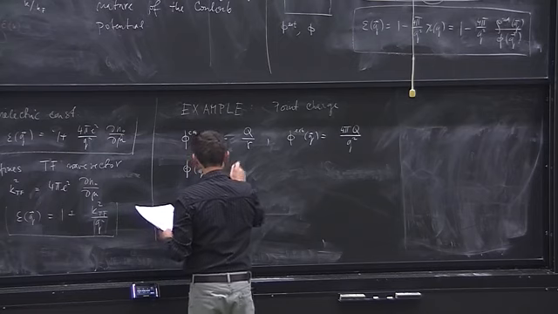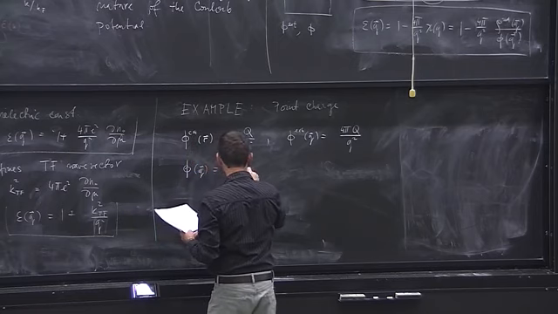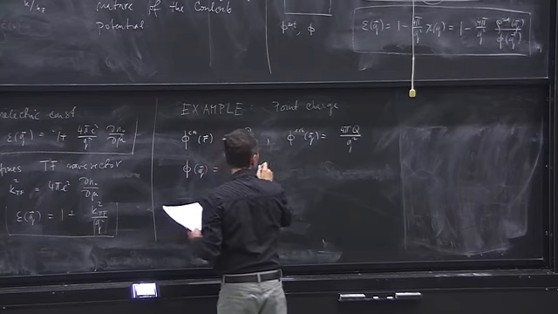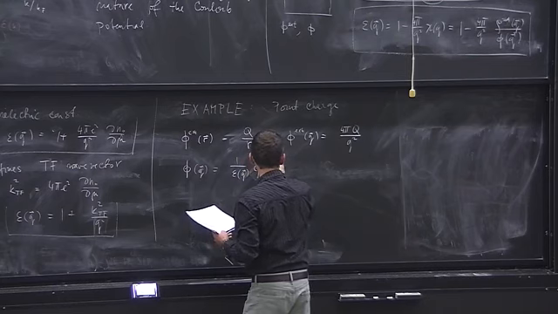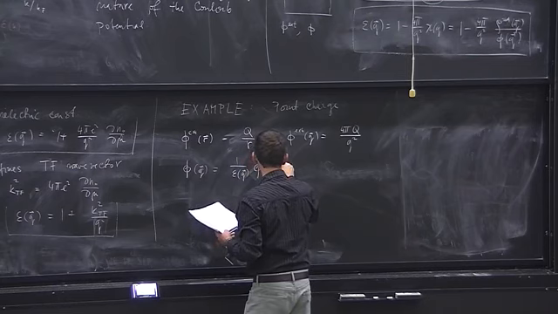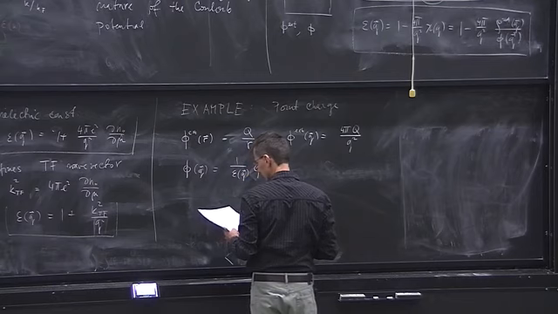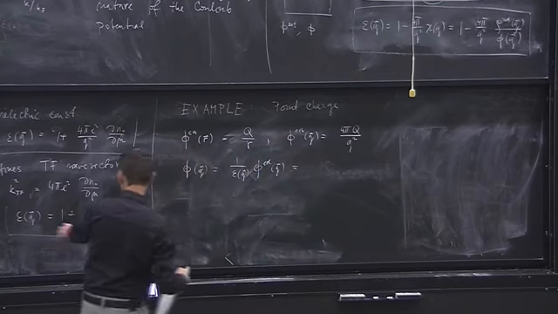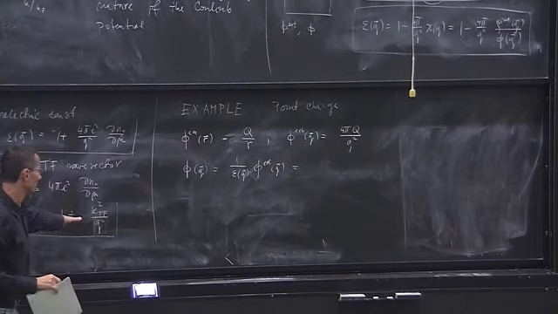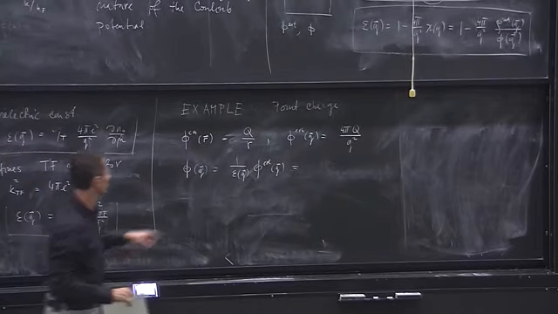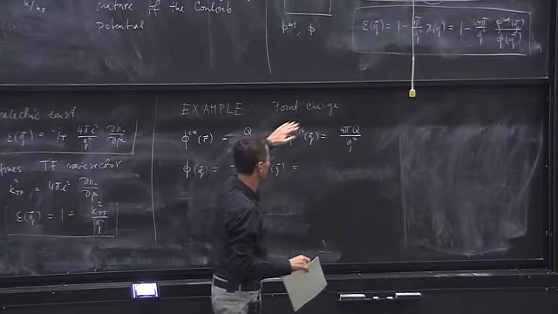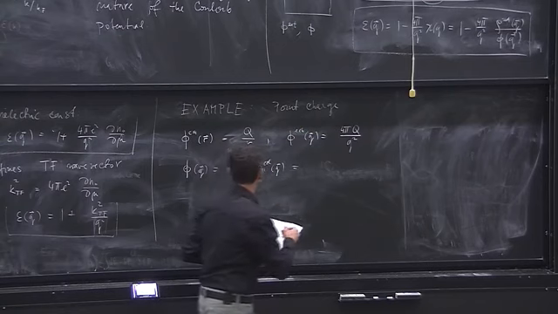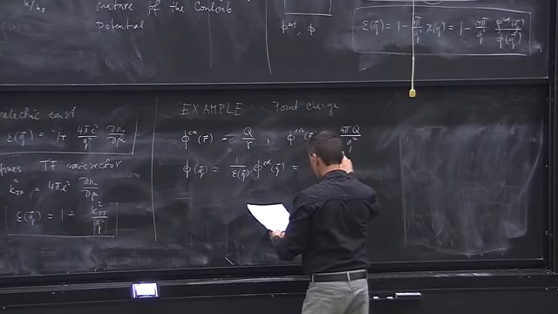So this is just 1 over epsilon q times phi external of q. And now I just substitute this expression that I obtained from Thomas-Fermi approximation, and I substitute this expression for the potential. And you can see right away what happens.